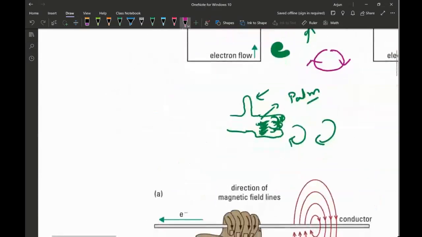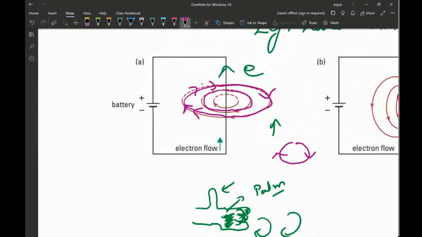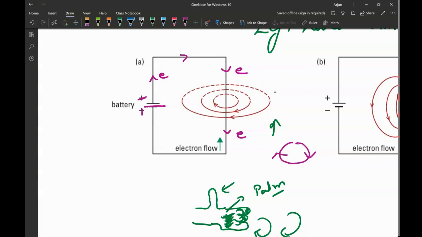Now here is a question for you. Let's say the electrons are flowing downwards, so I'm going to change this one to the negative end and this one to the positive end. The electrons are flowing like this. Try to pause the video and do it by yourself. Welcome back. Now if you put your thumb in the downward direction, your palm might end up facing your eyes.